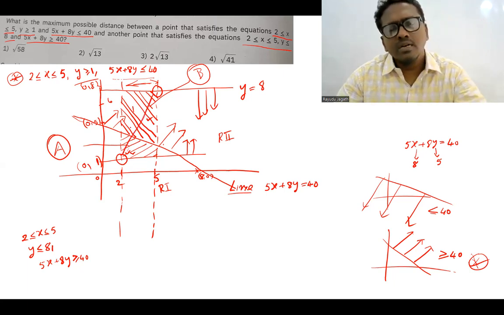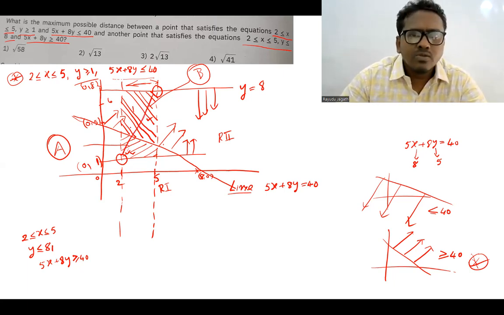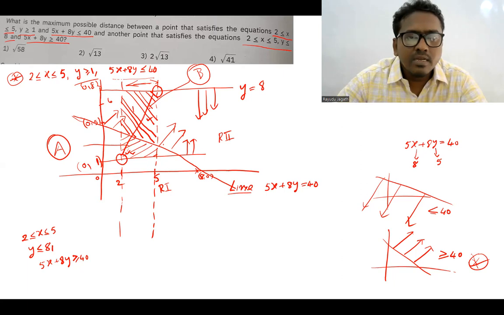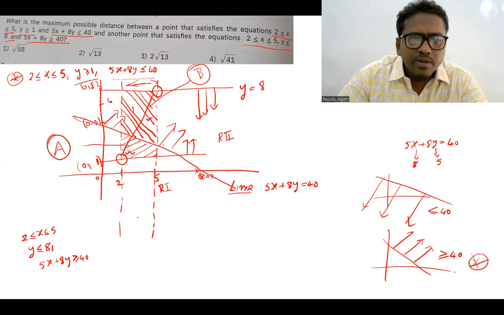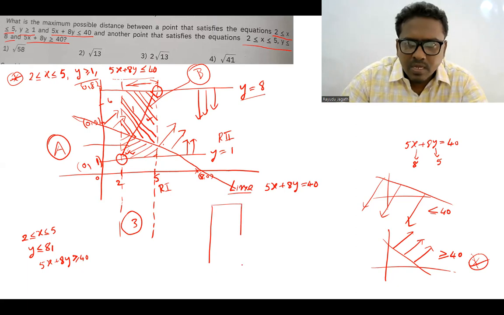So what is the magnitude of that diagonal? Diagonal squared is equal to length squared plus breadth squared. What is this length? 2 to 5, so this distance is 3 units. Next, this is y equal to 8 and this is y equal to 1.